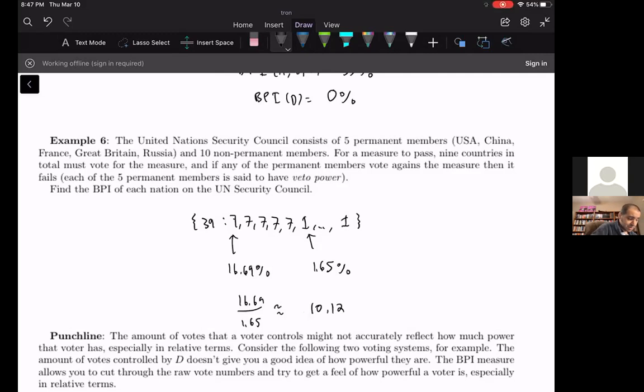Okay, so what does that mean? That means the US is 10 times more powerful than, again, Brazil or a country like that. So even though it looks like the US is 7 times more powerful, it's not. It's actually quite a bit more powerful, slightly more than 10 times more powerful.